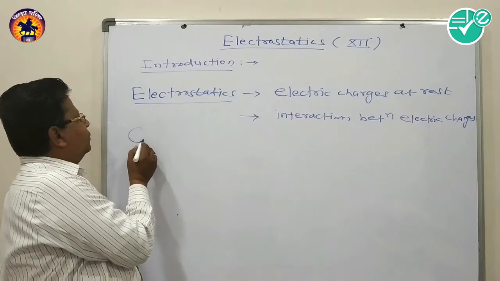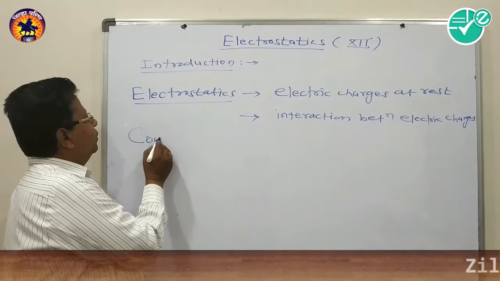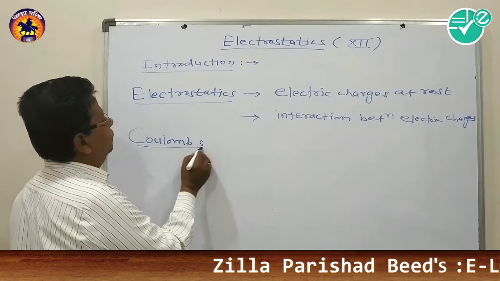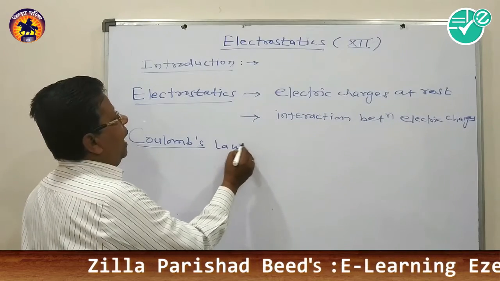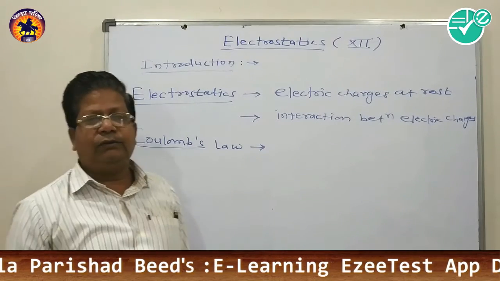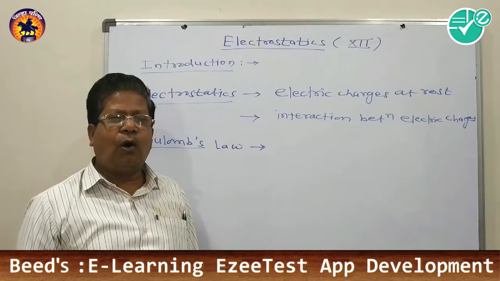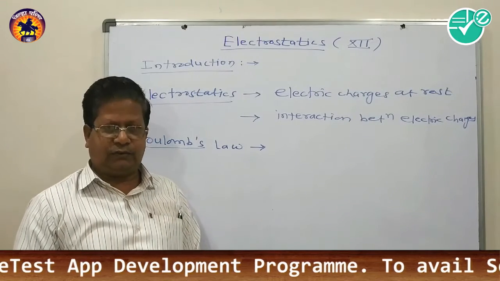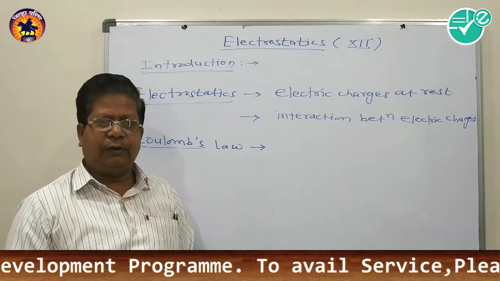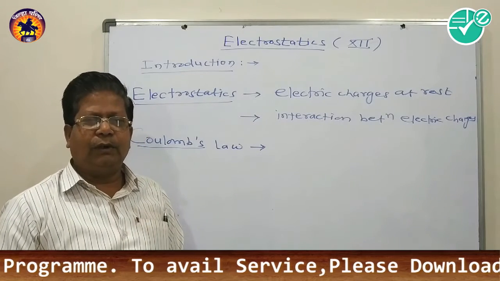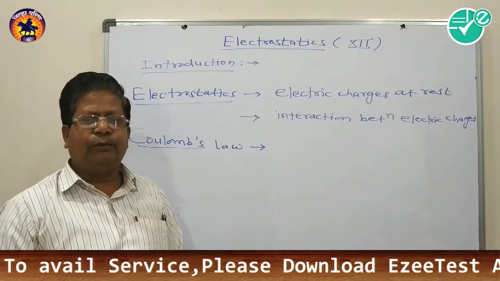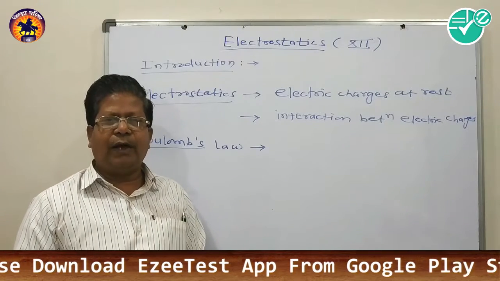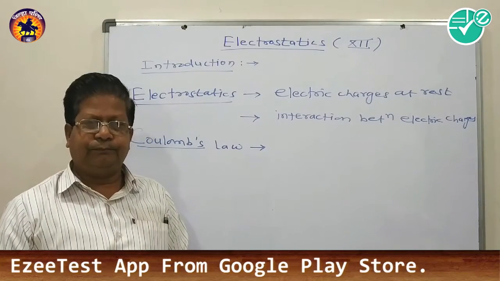Regarding electrostatics, we have studied Coulomb's law. The statement of Coulomb's law is: the force of attraction or repulsion between two point electric charges at rest is directly proportional to the product of the magnitudes of the two charges and inversely proportional to the square of the distance between them.